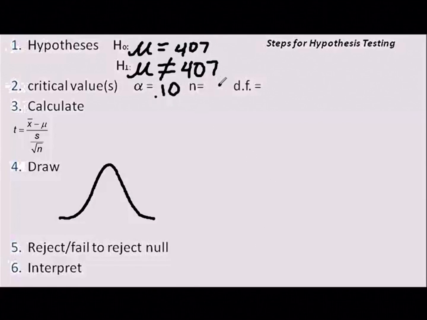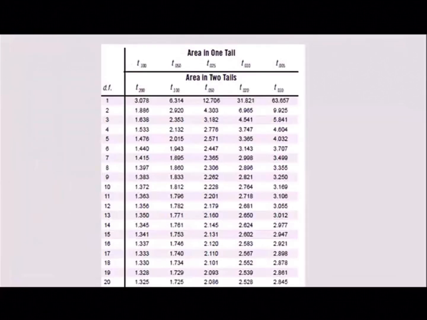N was 13, which leaves us with 12 degrees of freedom. I have 12 degrees of freedom, two tails, and I'm looking at alpha as 0.10. My critical value is 1.782.